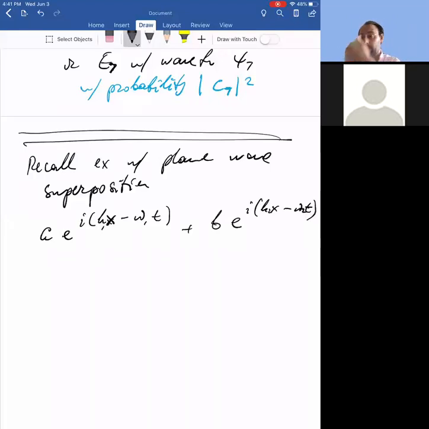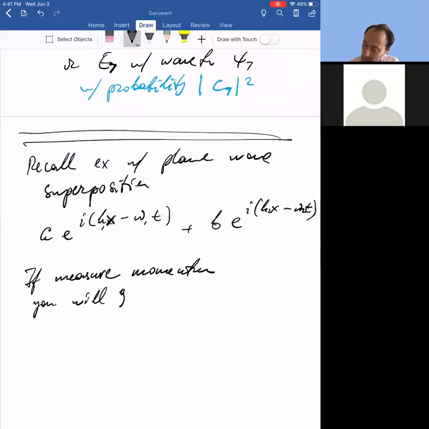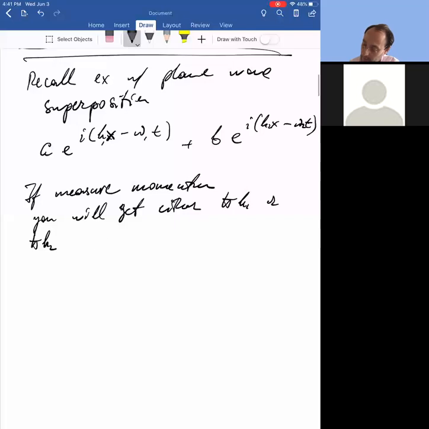And the probability that you're going to get k1, with probability magnitude a squared or magnitude b squared, respectively.